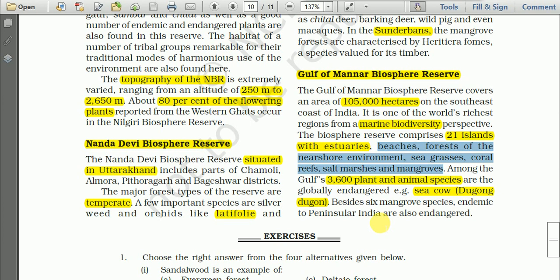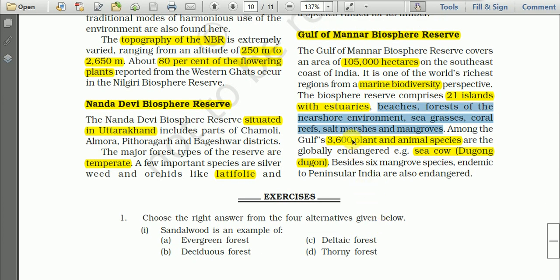Among the Gulf's 3,600 plants and animal species, some are globally endangered. For example, sea cow, that is dugong dugong. So in the Gulf of Mannar Biosphere Reserve, we have around 3,600 plants and animal species, and some of them are globally endangered.